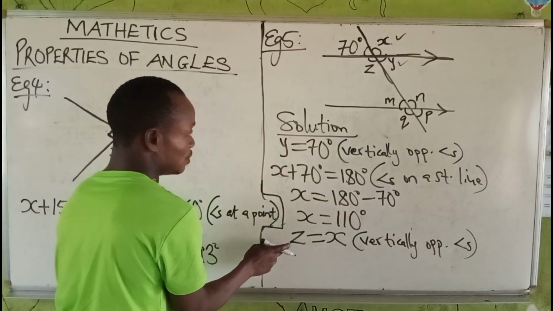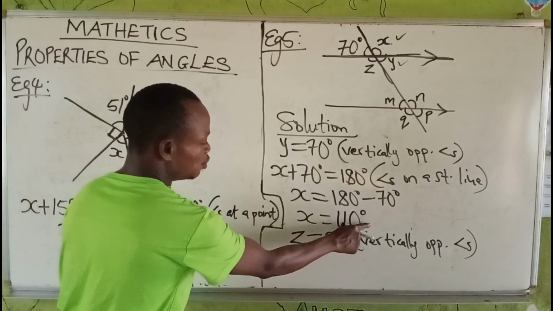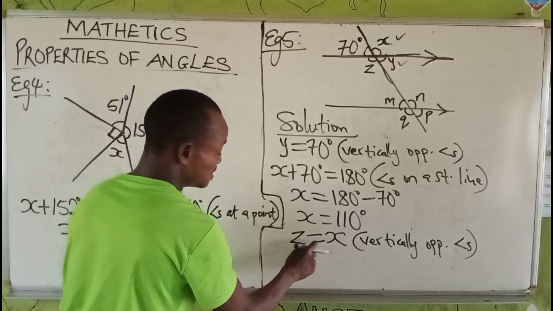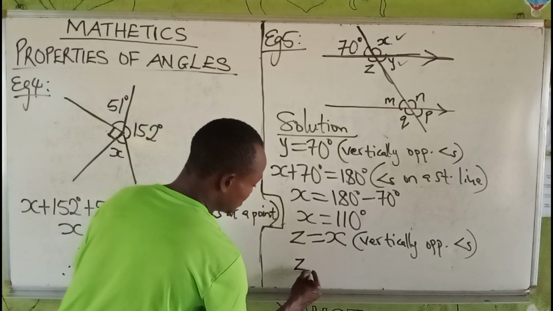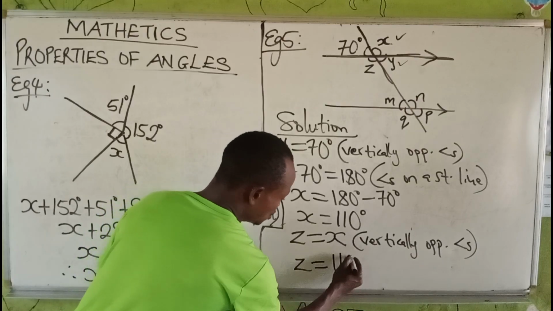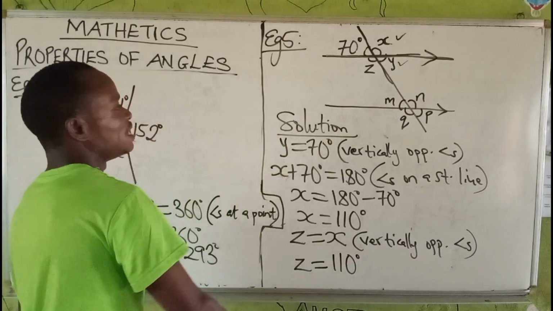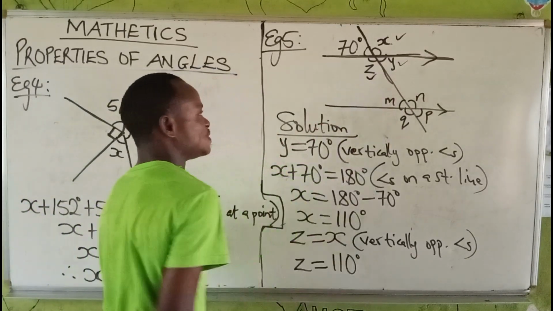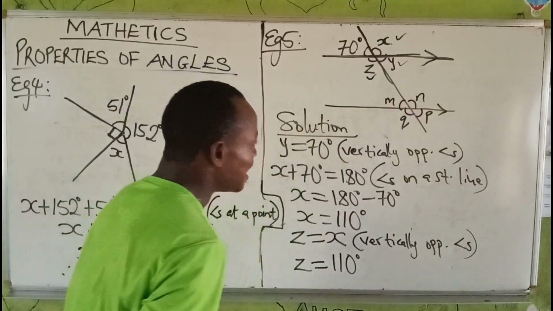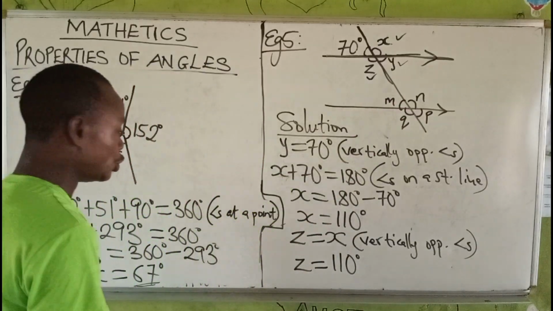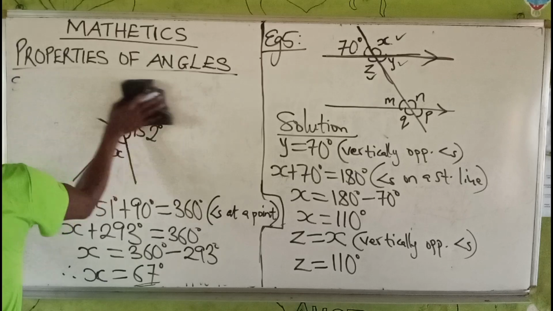And we have known angle x to be 110. So since z is equal to x, it then means that our z is also 110 degrees. Now we've gotten angle z. We are left with m, n, p, and q. Let me take those ones here.